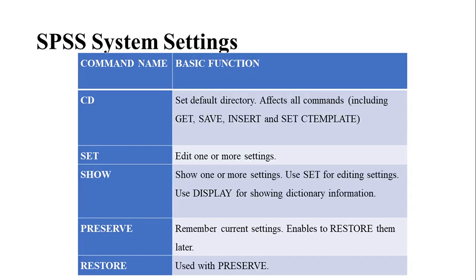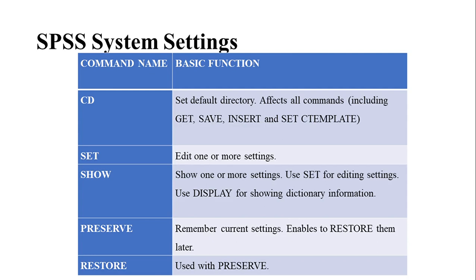The first one on the list is CD. This one is used to set the default directory, which affects all commands including get, save, insert, and set template. Then the set command is used to edit one or more settings.